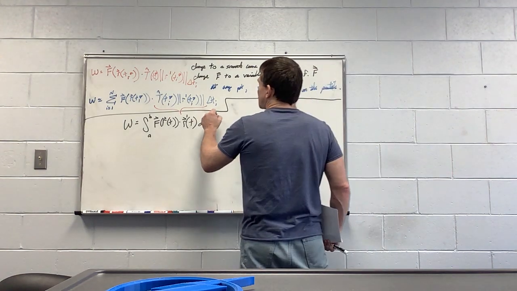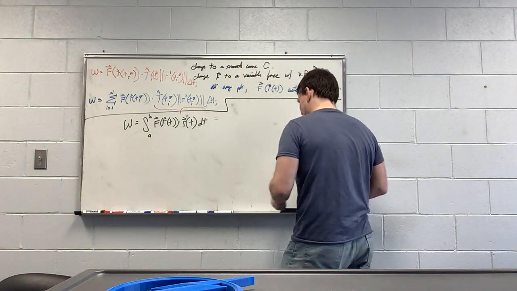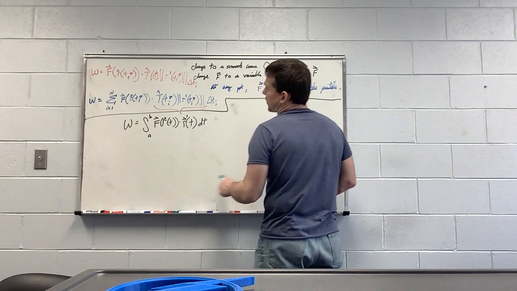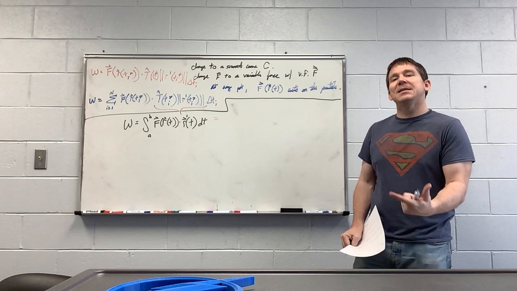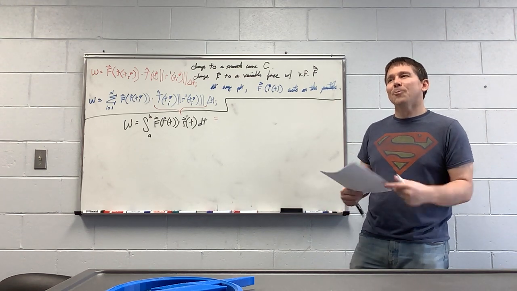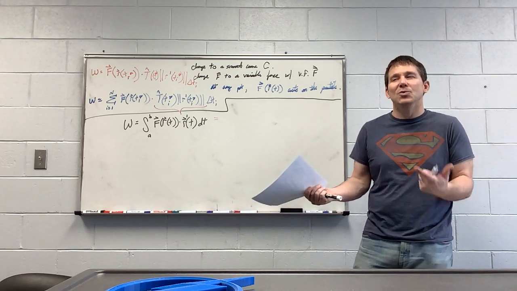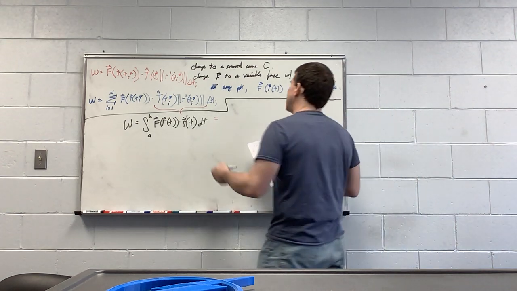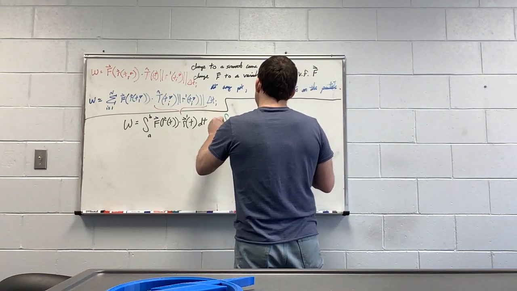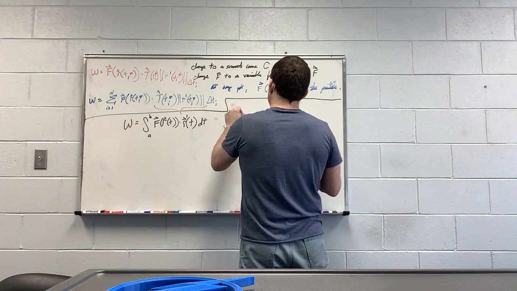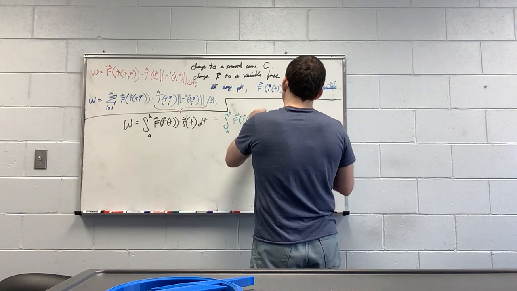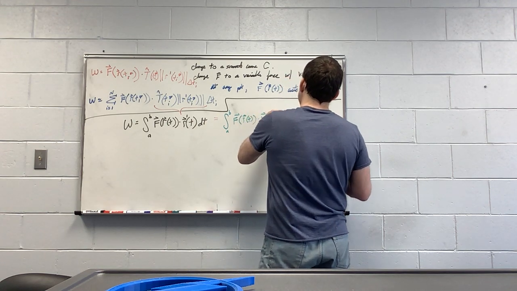But I would also point out, and I do stress here, as we've stressed repeatedly throughout the semester, there's different ways to write these things, and understanding the different ways to write them can help you solve the problem and help you to not get confused if you look things up in different places. And in this case, another way we write this is as the integral from a to b of f of r of t dot v of t dt.